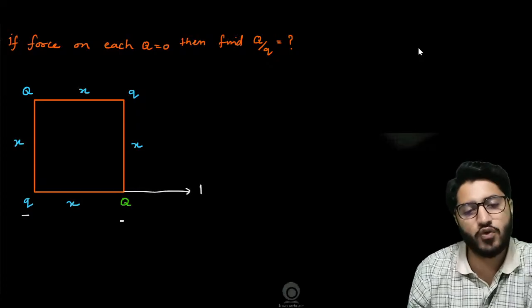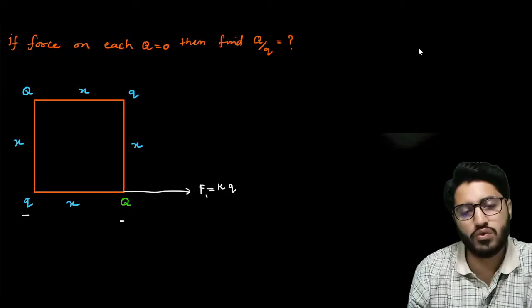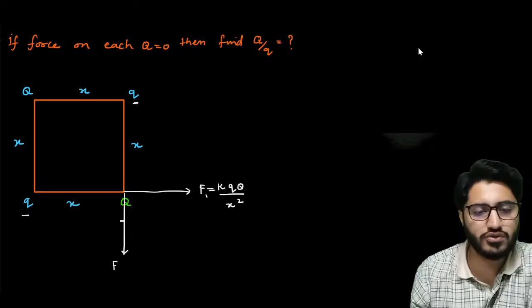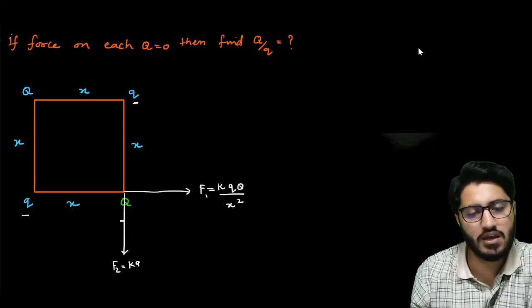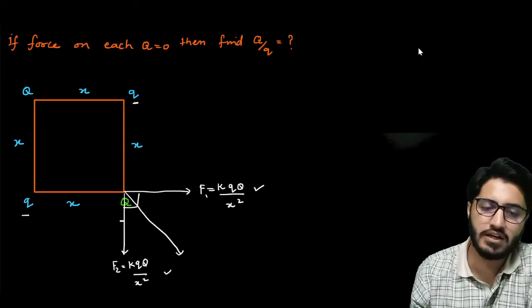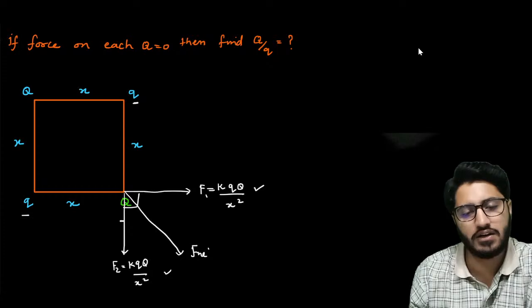So my force is equal to, sir, kQq by x square. In the same way, this Q will repel this q, and the force will be like this, also kQq by x square. What is the net force between these two? Look, the forces are the same, so the net will be along this line, and we have the formula for the net: 2F cos theta by 2.